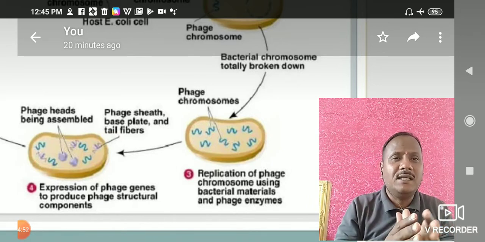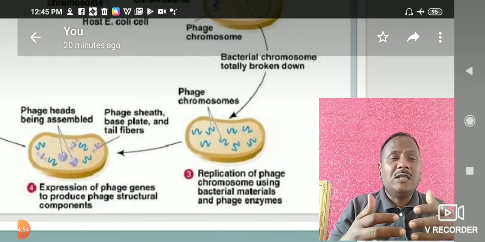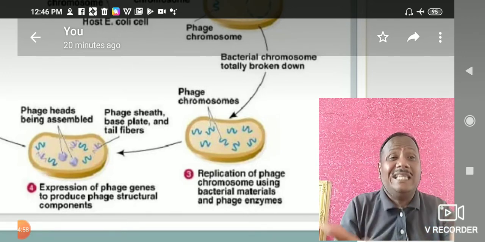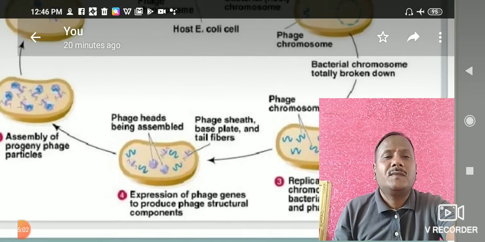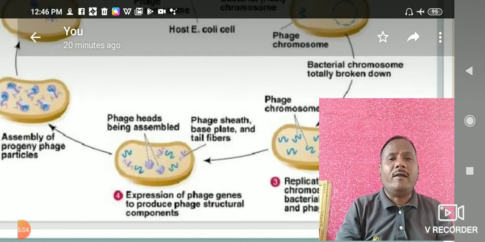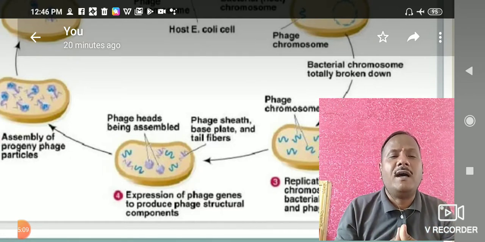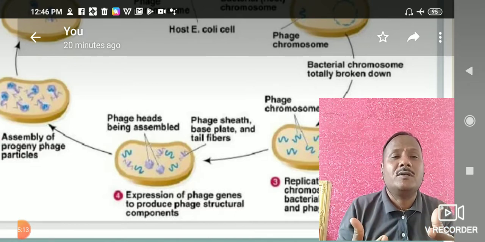With the help of that there is the replication, and that's why the number of chromosomes increases inside the bacterial cell wall. Later on, in the next stage, what happens? In the next stage, there is the expression of phage genes to produce phage structural components.